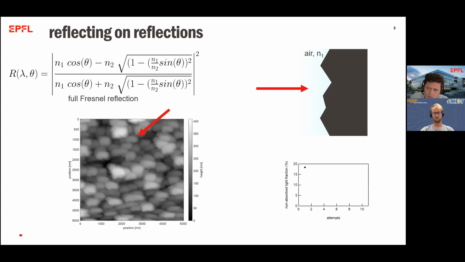I indicate roughly how the light could be deflected and then partially absorbed, for example, and how much light is then lost at each step. After each iteration, you have even less and less reflection. After, let's say, 10 attempts, the majority of the light is not reflected anymore, but only about 2 or 3% are still reflected. So it's quite useful to bring textures into the system.